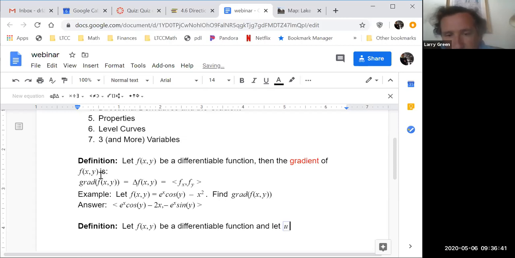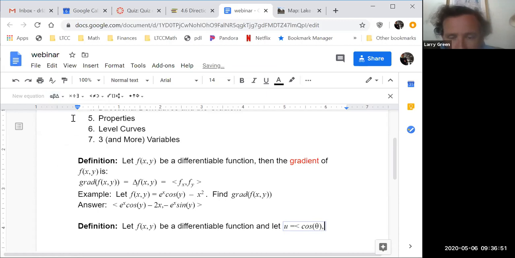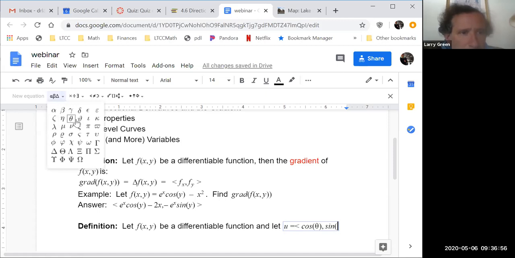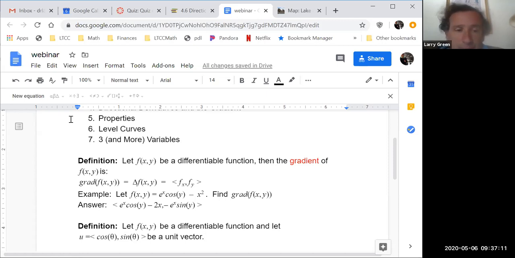So u equals cosine of theta, comma sine of theta. Let u be a unit vector, because every unit vector could be written that way. And I hope you can all look at it, find the magnitude, and convince yourself that you get one.